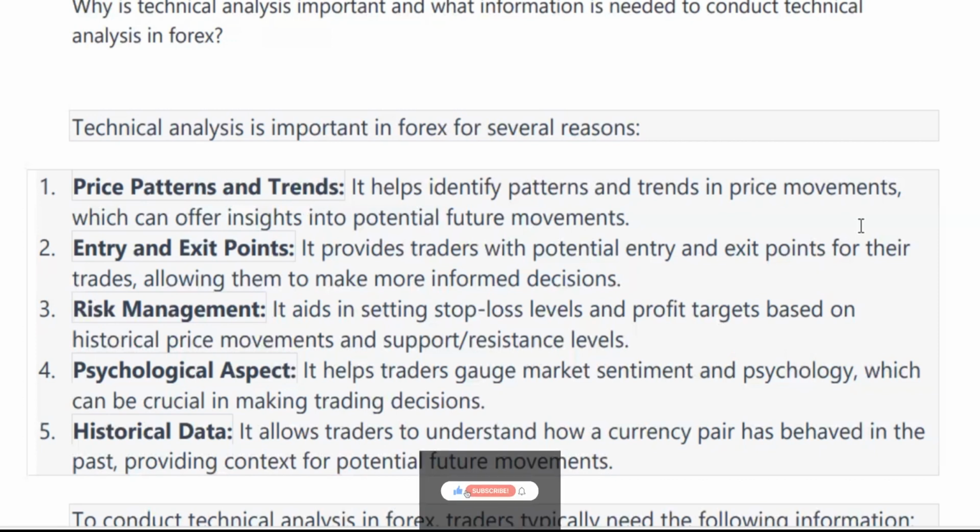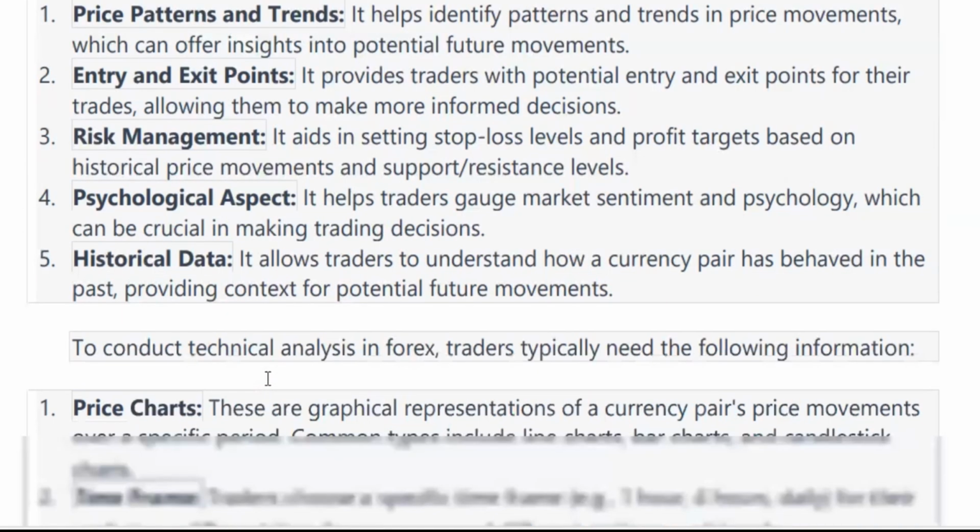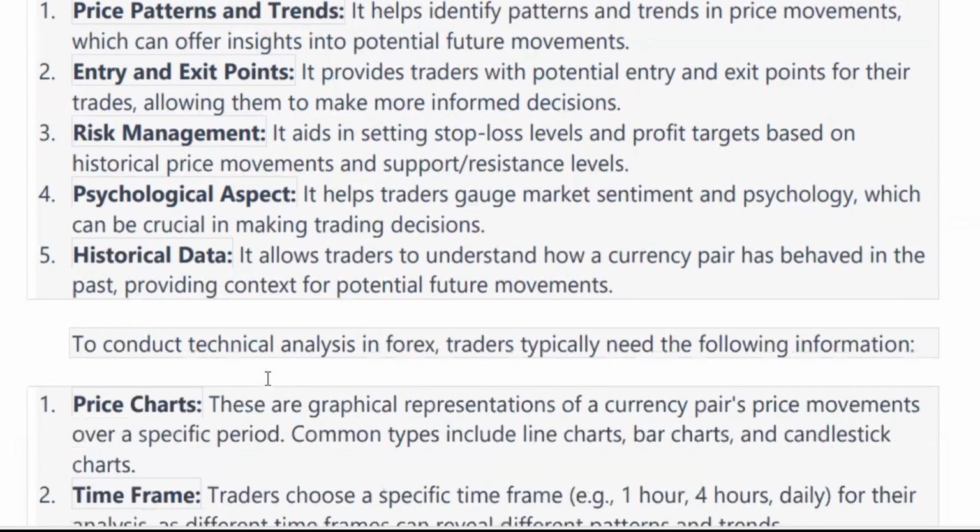The most important part, just as important as risk management, right? Because it helps traders gauge market sentiment and psychology, which can be crucial in making trading decisions, right? And five, historical data. It allows us to understand how a currency pair has behaved in the past, providing context for potential future movements, right?